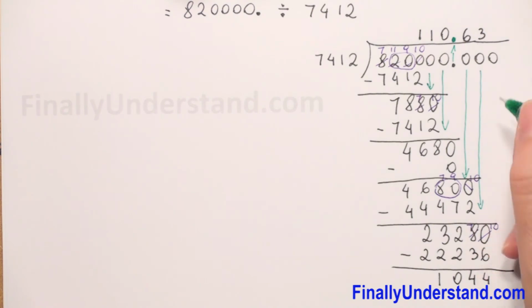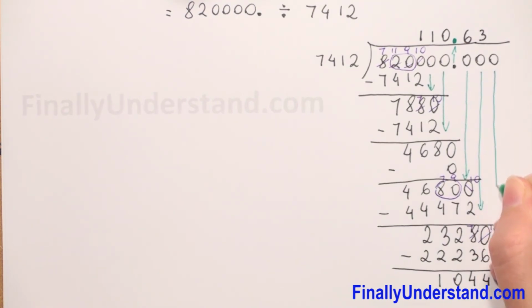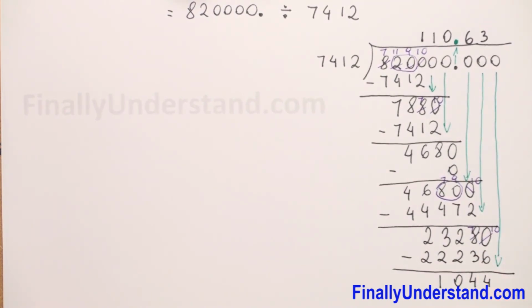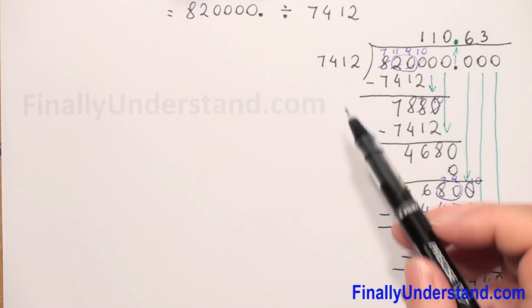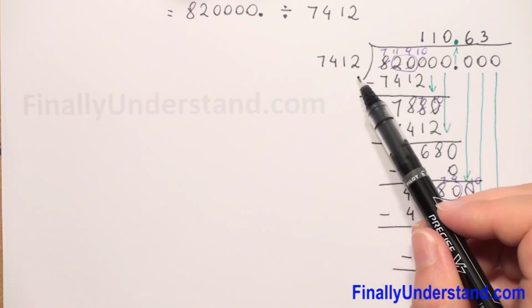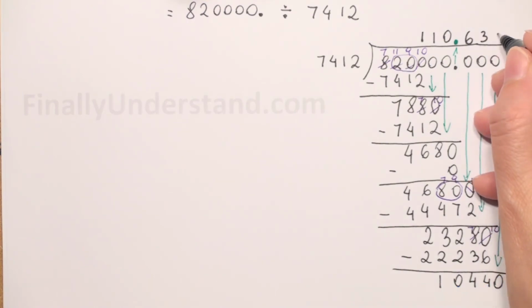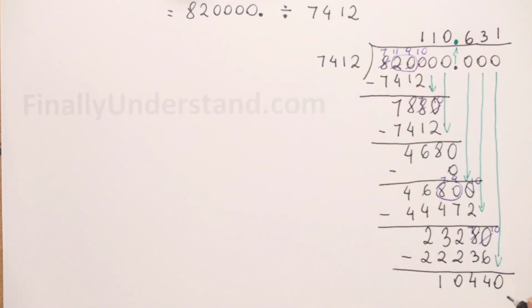And what next? We have to take down the next 0. So we have 10,440 divided by 7,412. So it will be 1. 1 times 7,412 will be 7,412.